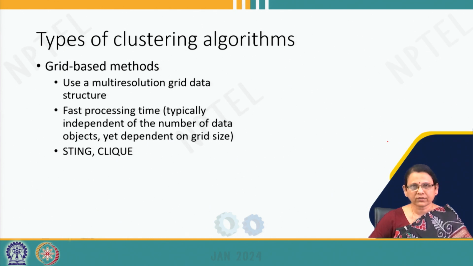So, multi-resolution clustering is possible under this grid based method. These algorithms are typically very fast and independent of the number of data objects, but they depend on the grid size. So, how many grids you make matters here.